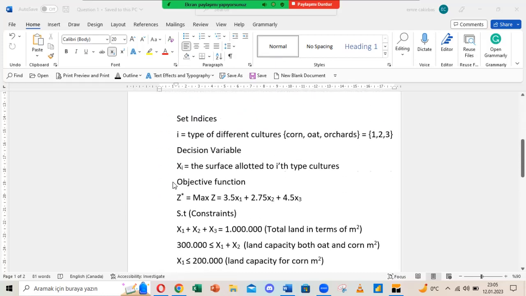Then we can write the objective function as z star equals max z, and the goal is trying to maximize the total revenue.